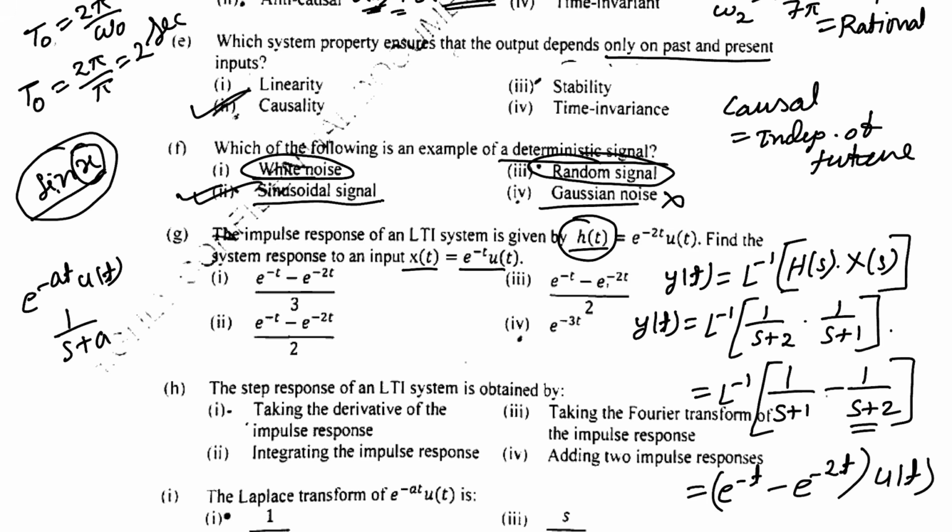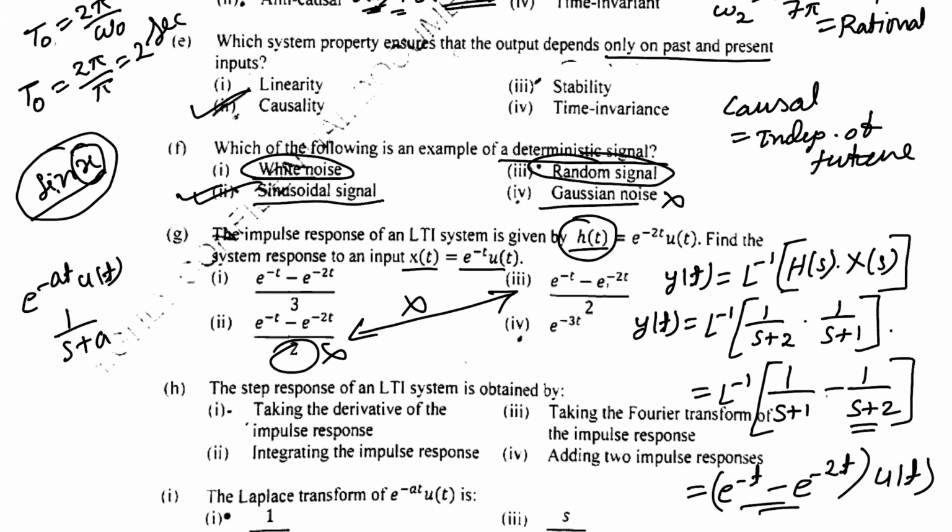So, this is your answer. Here we can see these two options are the same, so none of the options will be correct. The answer will be e to the power minus t minus e to the power minus 2t into u of t. Here 2 will not be there. So, no option is correct. The correct answer is this one.